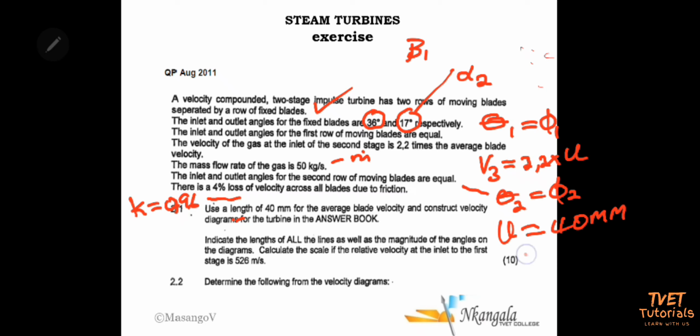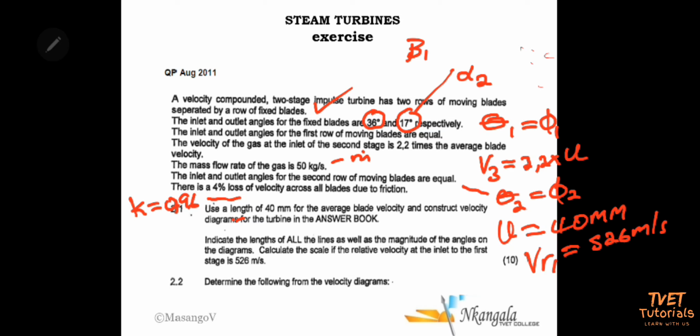So now they are giving us VR1. Relative velocity at inlet of the first stage VR1 is equals to 526. But then we are going to use this to calculate the scale. This size of VR1, we treat it as an unknown when we do our velocity diagram. So now that is our data.